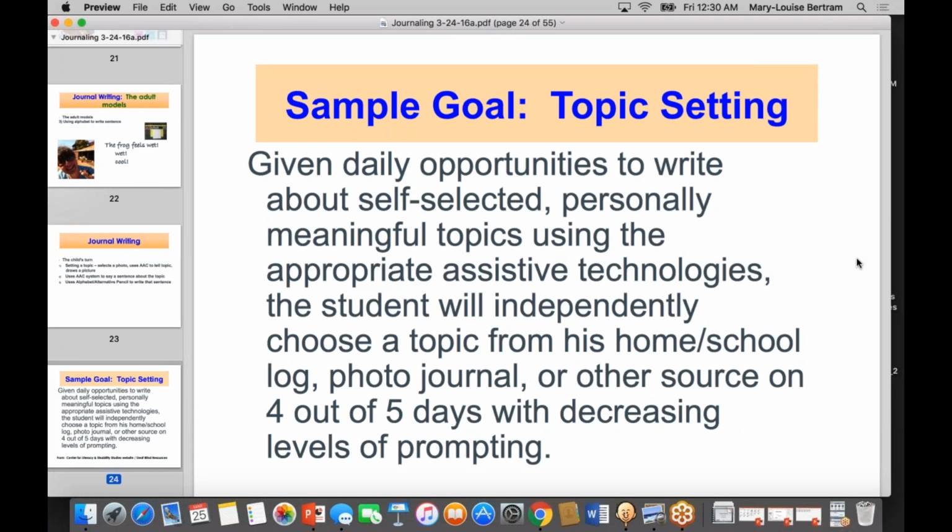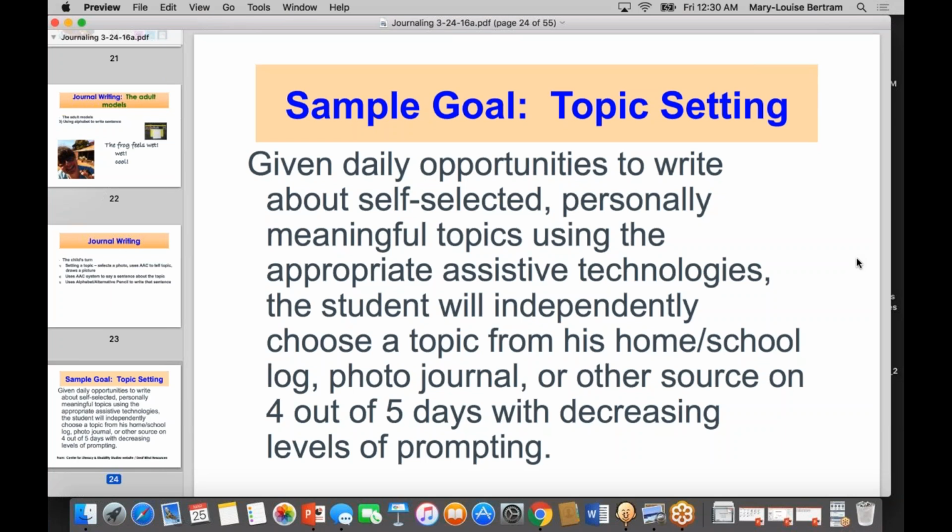That first part about self-selected, personally meaningful topics just sets that up, that we're helping people understand that we don't say the prompt today is leprechauns are cute. That's not journaling. That is something teachers might do at some point during the day, but that is not journaling because it may not be personally meaningful.